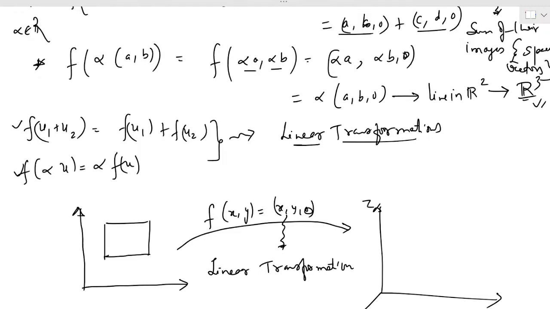So please keep in mind all these things, because lately we are going to write the matrices of linear transformations, and that corresponds to your matrix representations in quantum mechanics also. So please let me know if it's clear. If it's not clear, please let me know. I'll repeat it all over again. Don't worry.